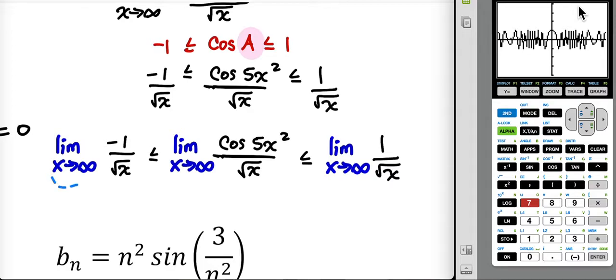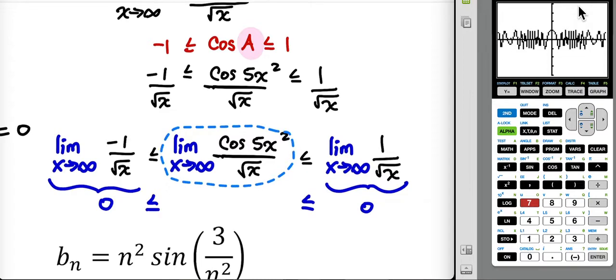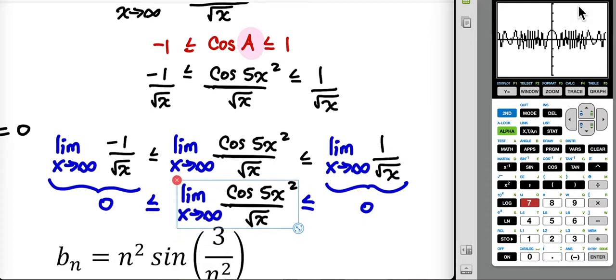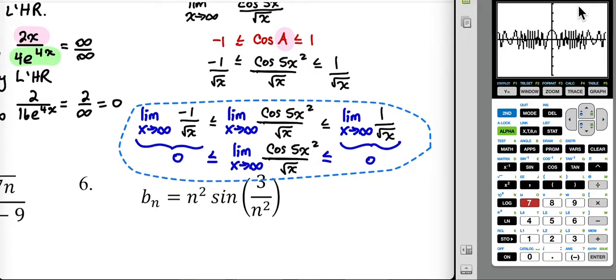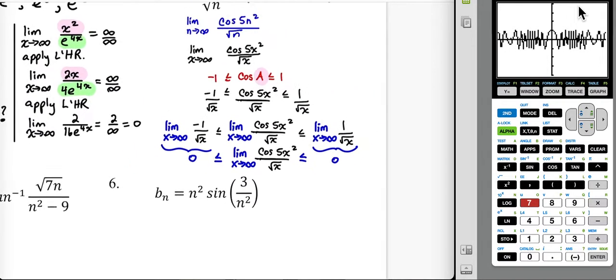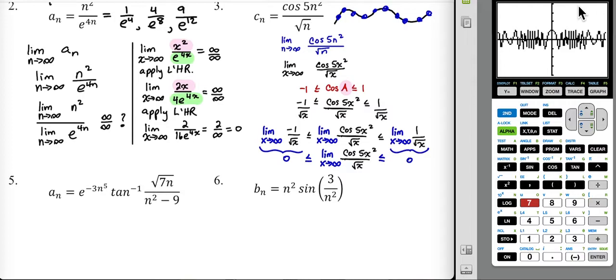But the two outer pieces, we can figure those out. The variable is on the bottom, constant on the top, those are both going to 0. So what we just concluded is that the limit as x approaches infinity of cosine 5x squared over rad x has to be between 0 and 0, which is a nice way of saying that it's got to be equal to 0.